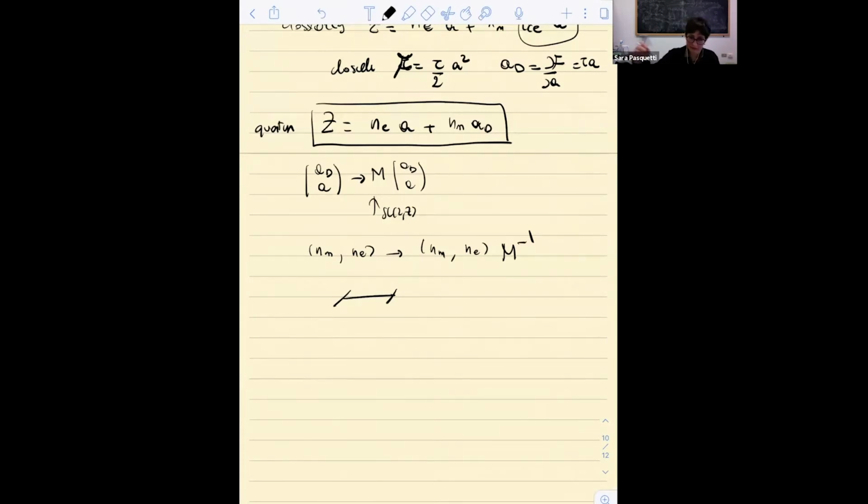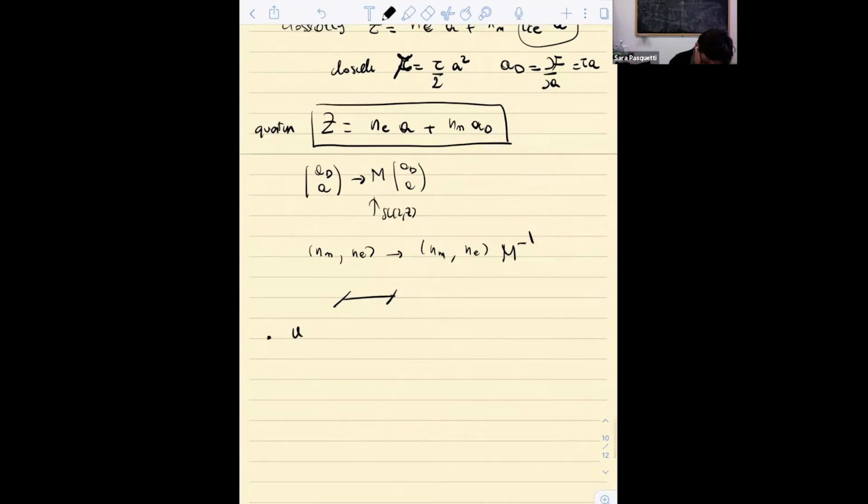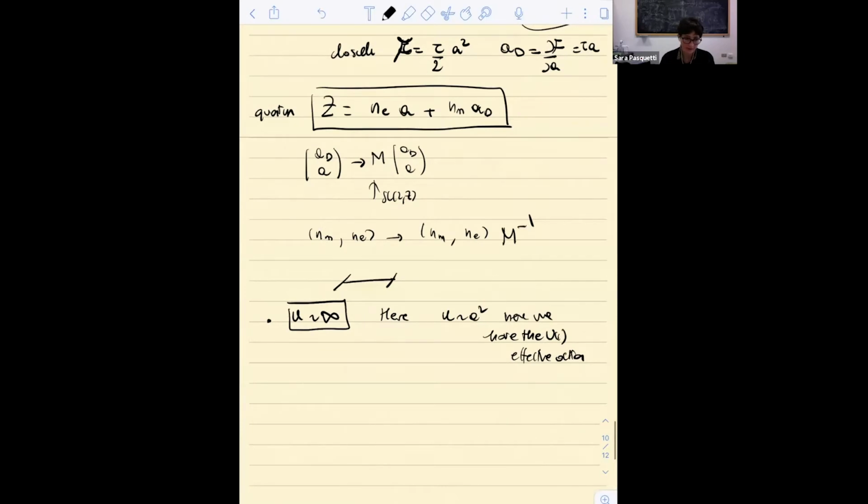So we look at the situation around the point at infinity. Let's focus on this region, where U is very large. This is the region that we like and we think we understand.